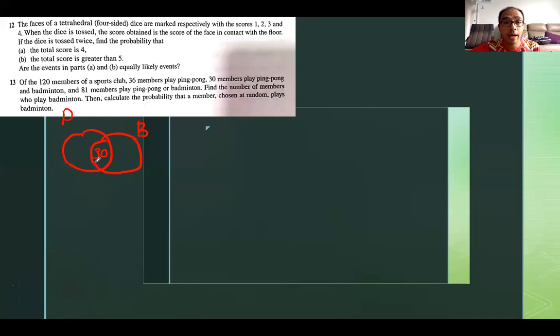And there are 30 members that play ping pong and badminton, this one is the intersection. So that means if there are 36 people over here, there should be only 6 people over here, because this set has 36. 81 members play ping pong or badminton.